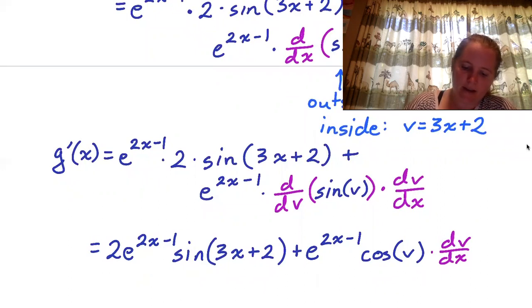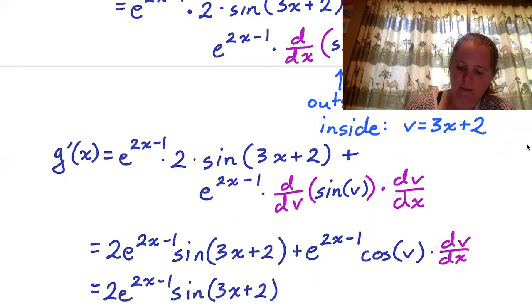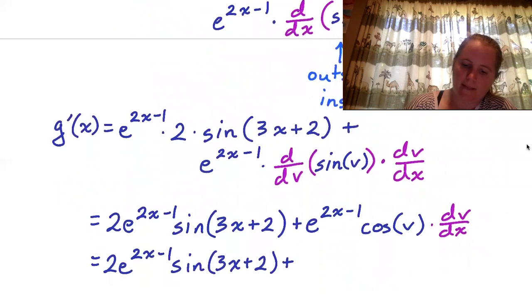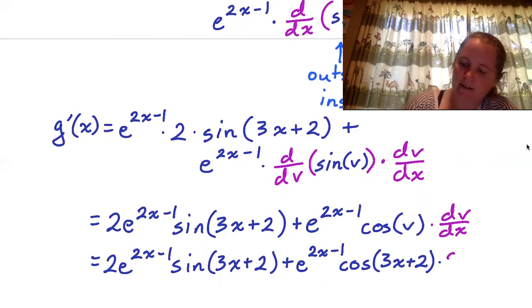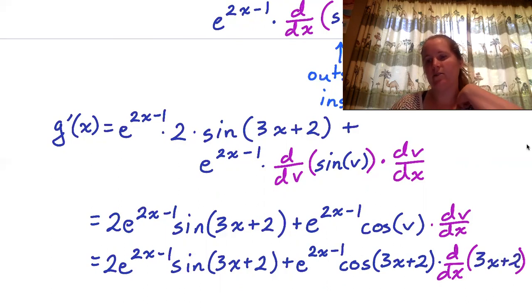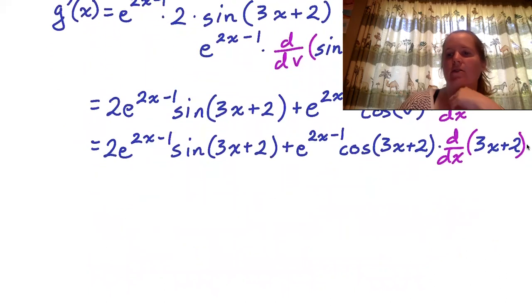Well, v was 3x plus 2. So if we plug that back in, we have 2e to the 2x minus 1 times sine of 3x plus 2 plus e to the 2x minus 1 times cosine of 3x plus 2 times the derivative with respect to x of 3x plus 2. We are almost there. We just need to take that one last derivative. The derivative of 3x plus 2 with respect to x is simply 3.